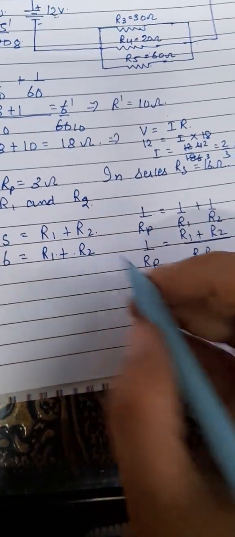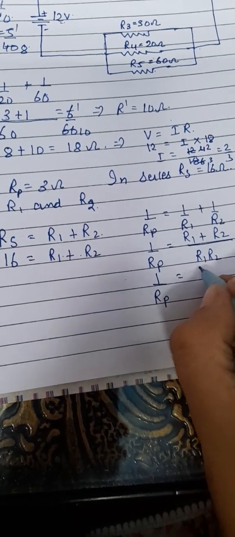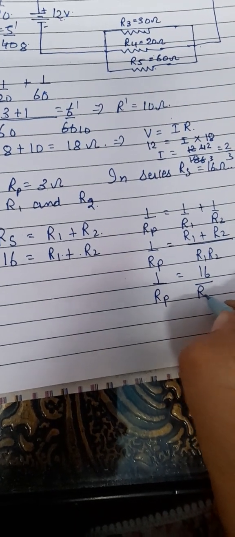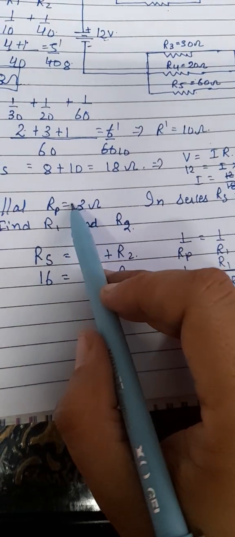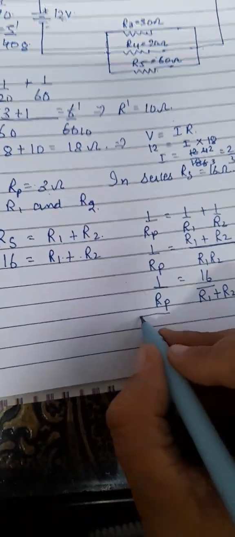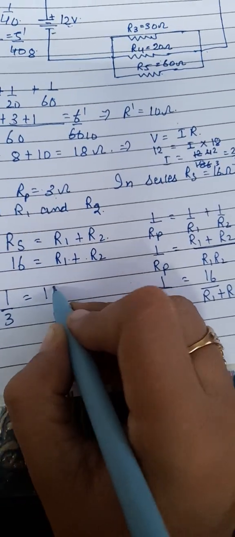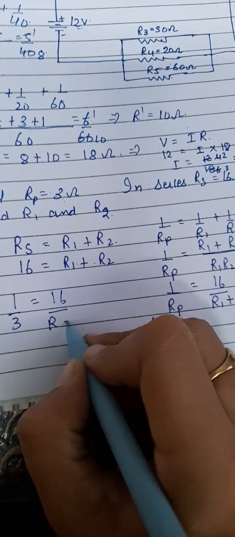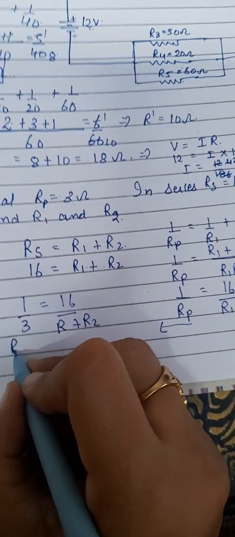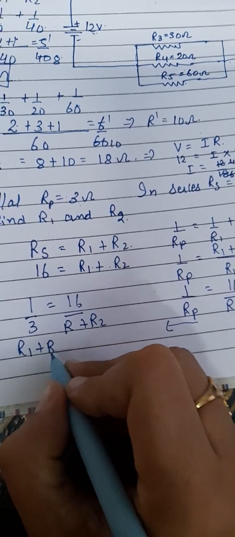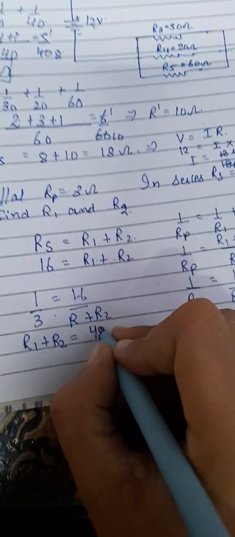Put the value of R1 plus R2 here. This is 1 by Rp equals 16 over R1 R2. And the value of the parallel combination is 3. Now this becomes 1 by 3 equals 16 over R1 R2. Now cross multiply. Then R1 R2 equals 16 times 3, which is 48.